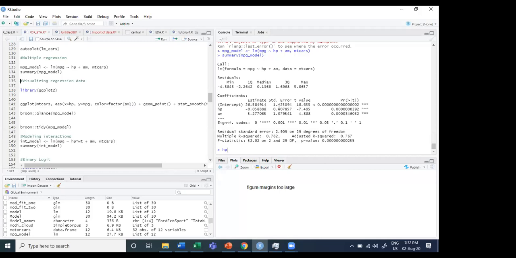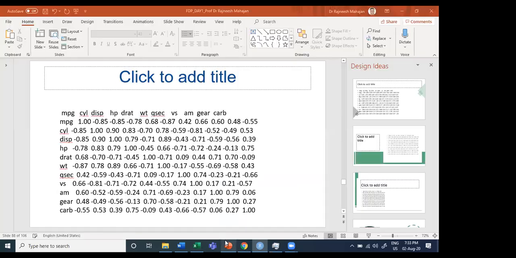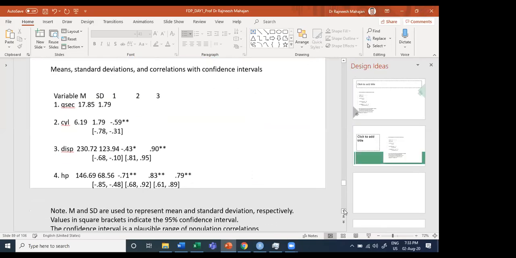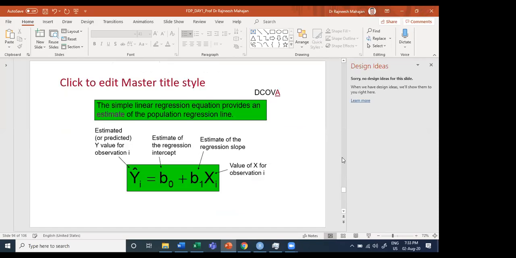Standard error is this, t value is this. This is the hp minus 0.05, am is 0.5. So these are the values of the equation which we have brought in. So you can put the values into the equation. If you want me to do it, I can show you how the equation can be filled by using the detail. So you can fill in the data likewise.